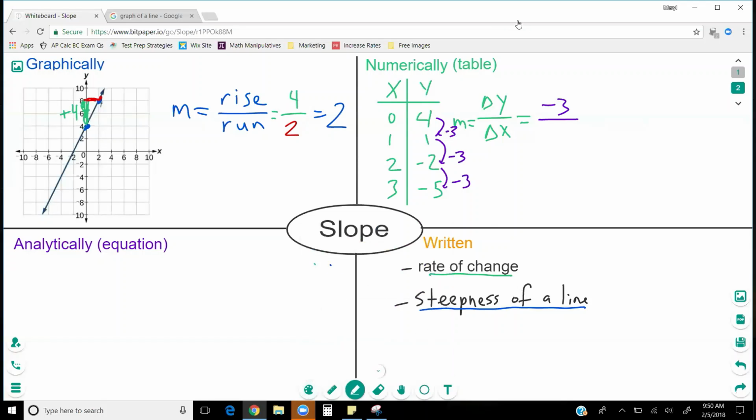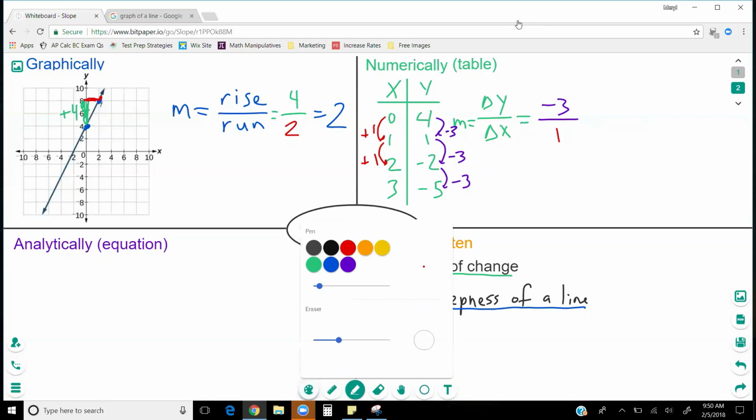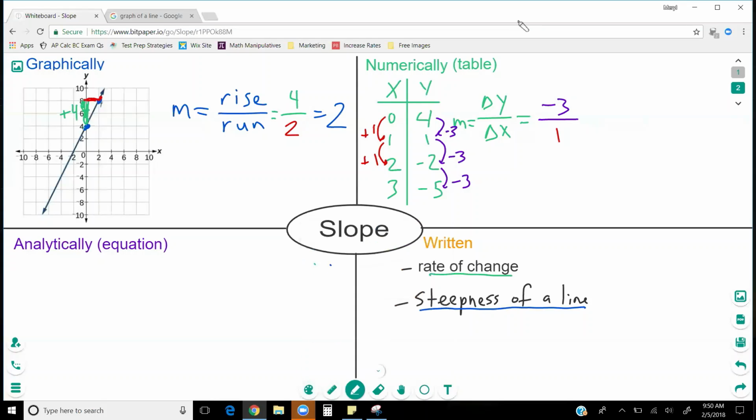Then my change in x, going from 0 to 1, 1 to 2, add 1. So I keep adding 1 here. Negative 3 divided by negative 3. So that'll be the slope for this table.